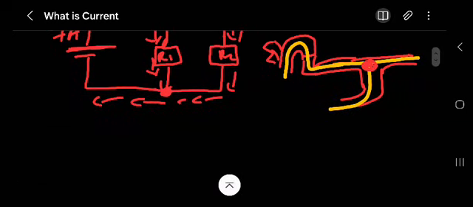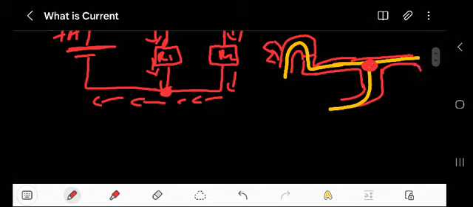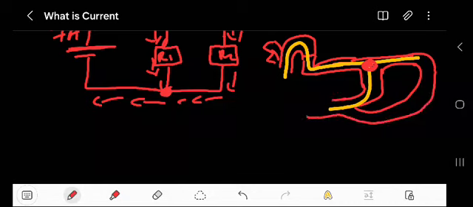Let me draw this pipe again. I want to show you how it is. This pipe returns back like this. As you can see, say we have 2 liters of water. This water will split here. From this branch, downwards, maybe 1 liter flows in this direction, and the other liter flows in that direction.